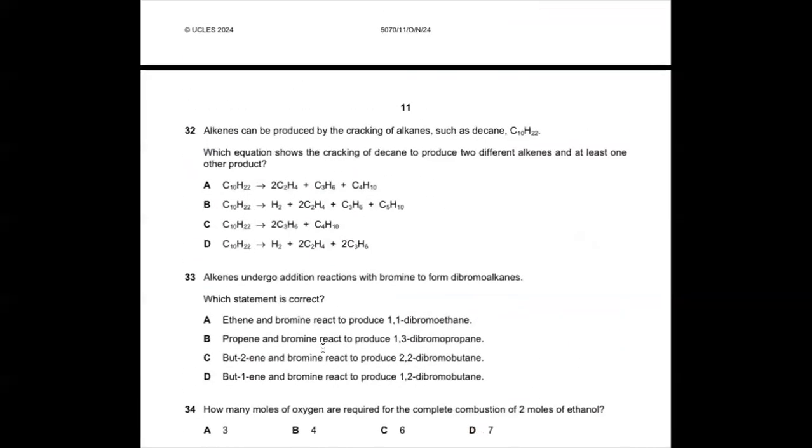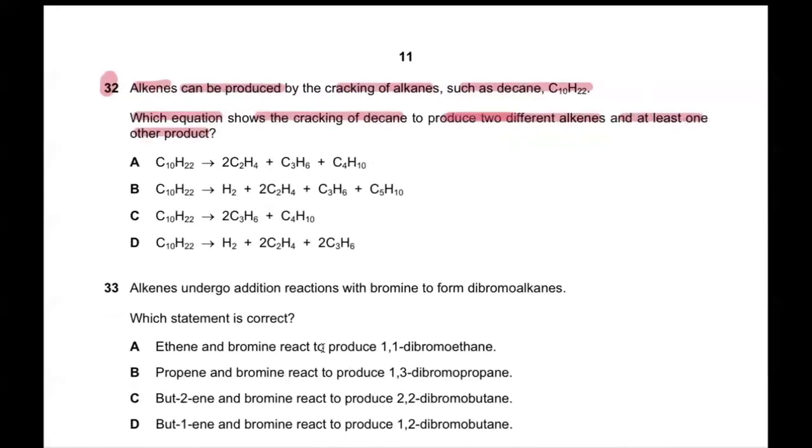Now, MCQ number 32. Alkenes can be produced by the cracking of alkanes, such as decane. Which equation shows the cracking of decane to produce 2 different alkenes and at least one other product? Okay, so 2 different alkenes. If you remember, the general formula of the alkenes is CnH2n, right?